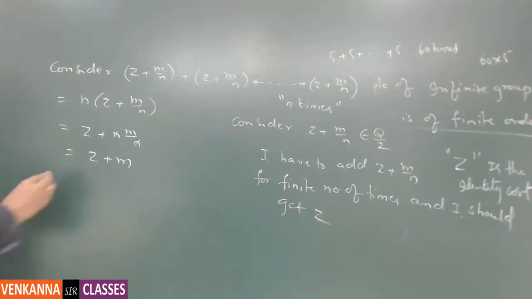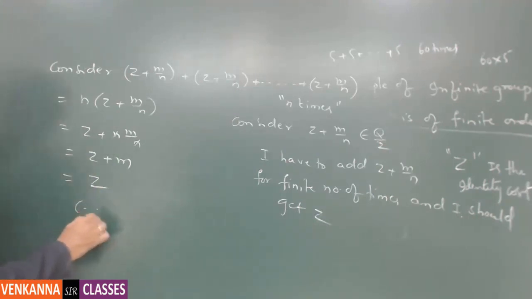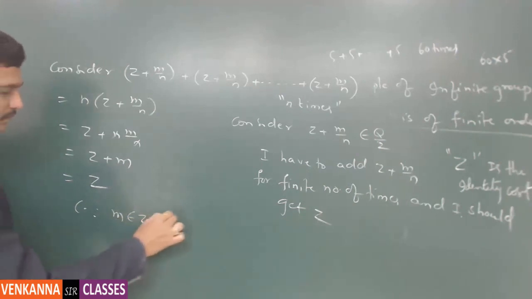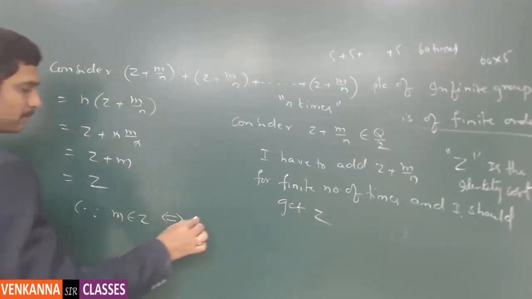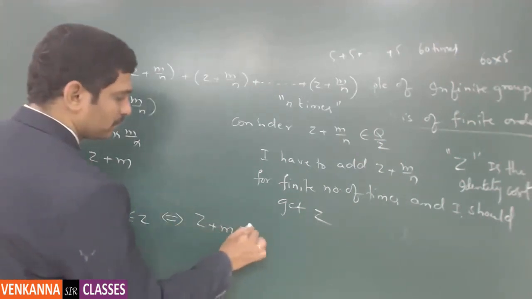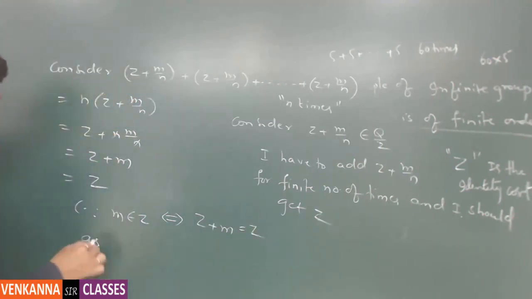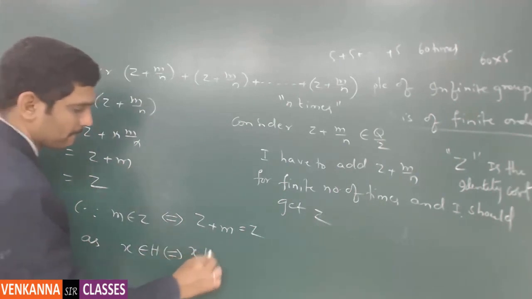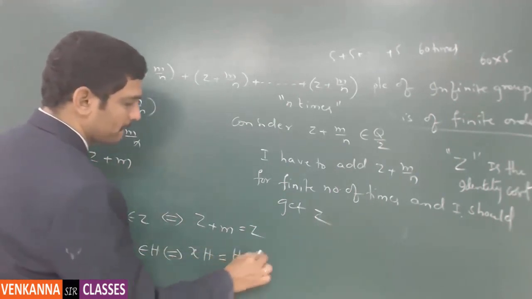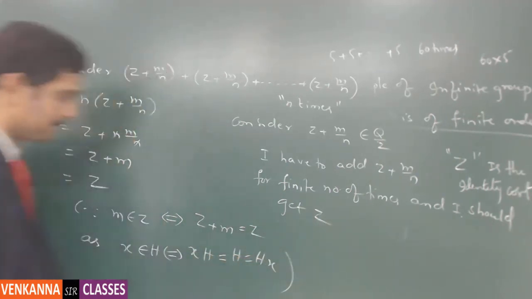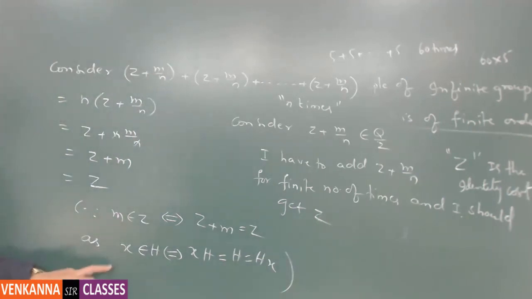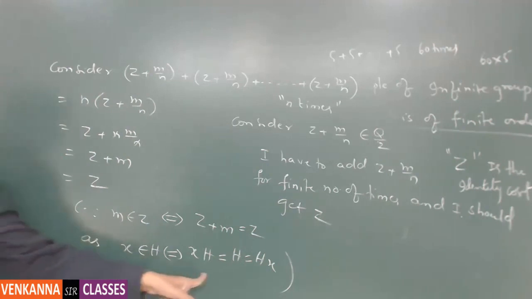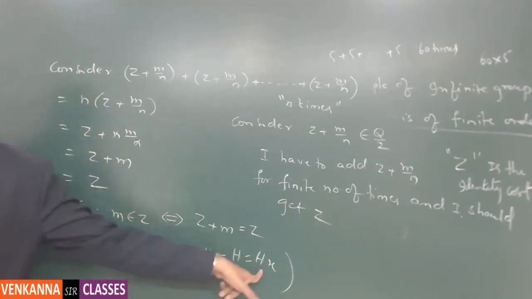And here, this is nothing but Z. Please check on this result. We have proved that x belongs to H if and only if xH is equal to H is equal to Hx.